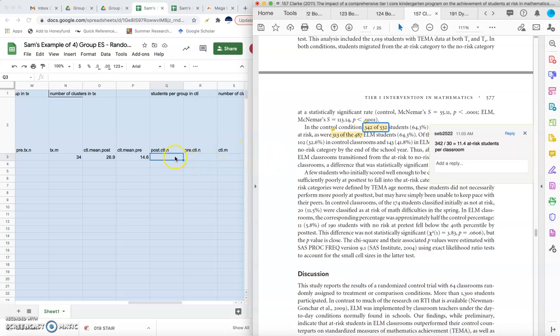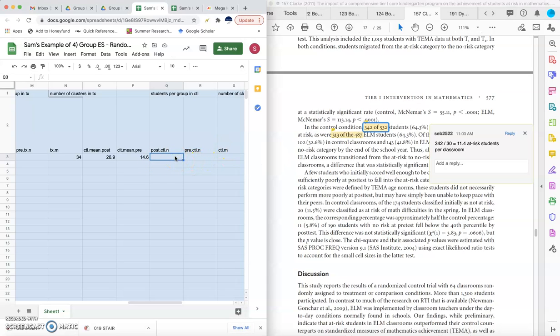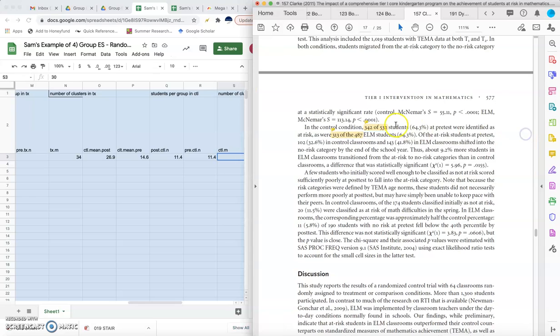So in this case, we are going to put the students per group for the post-test and the pre-test as the same, because we sort of had to figure out this math here. They don't differentiate between the number in the pre-test, the number in the post-test. They just sort of tell us as a group, this is how many students scored at risk, so we had to figure out ourselves the average number of at-risk students per classroom for the control.